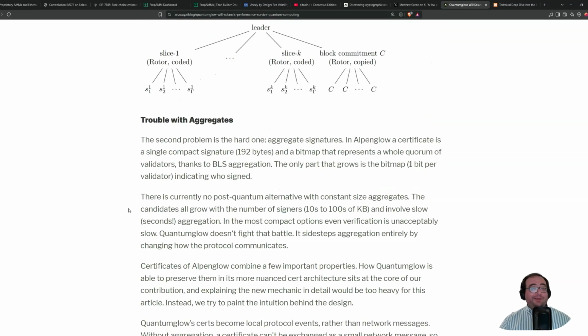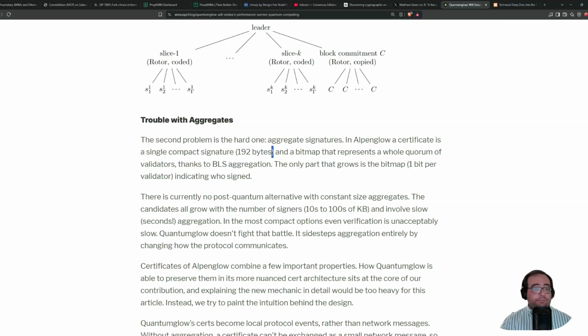And the other big thing is that Alpenglow was supposed to use BLS signatures for aggregation of votes from all validators. So when you participate in consensus, you receive all the votes from the other validators, and you have an idea, basically, of what should be the next block.